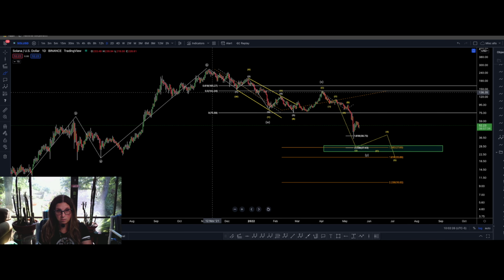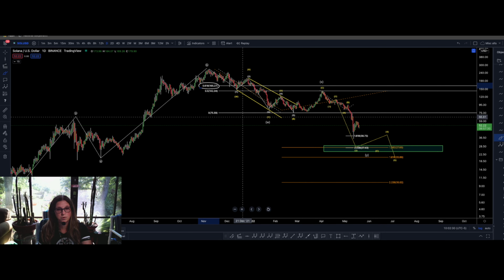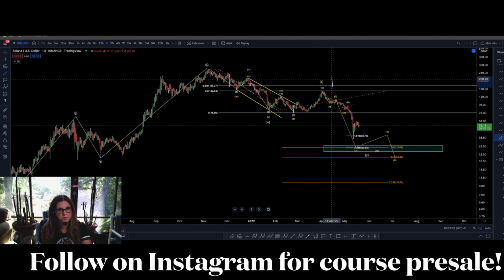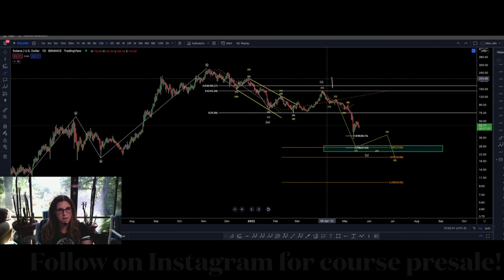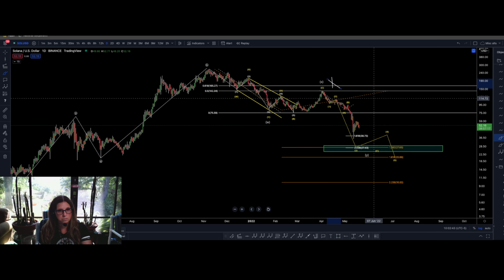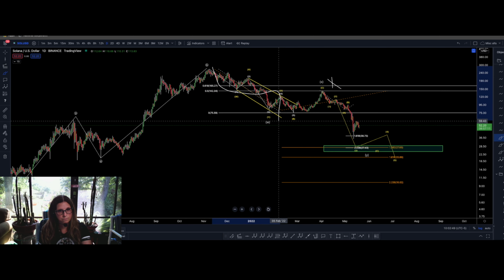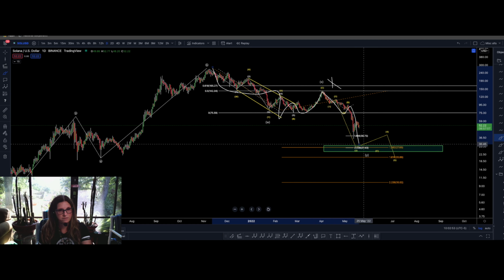In my system, I allow the 0.618 after a lot of backtesting in crypto, but it didn't even hit the 0.618. So we cannot call this wave to the upside a B. We have to call it an X. If we're going to assume that this is 3, 3, 3, we can't have 5 here.